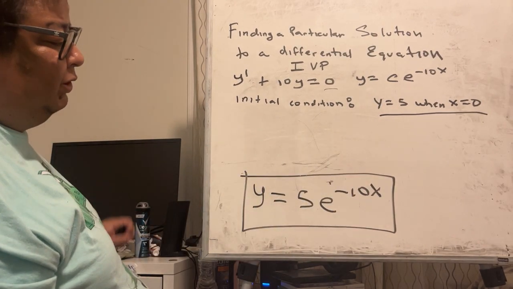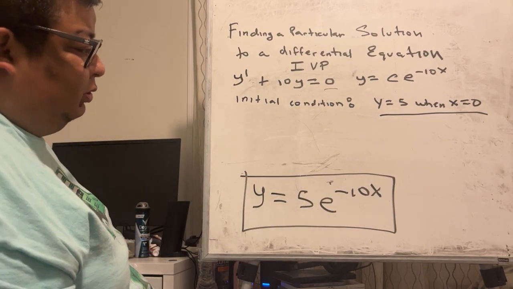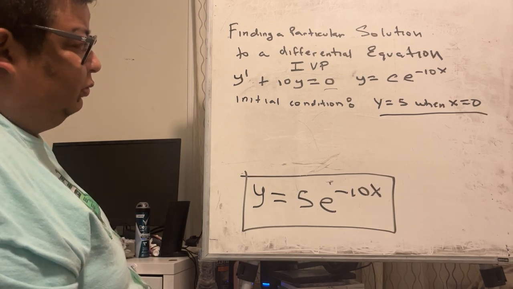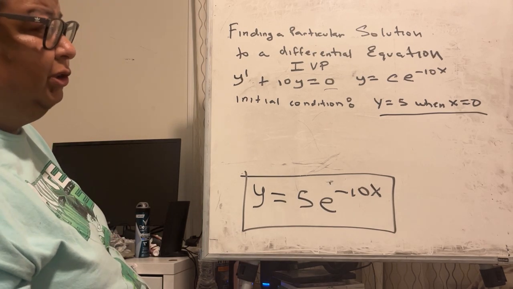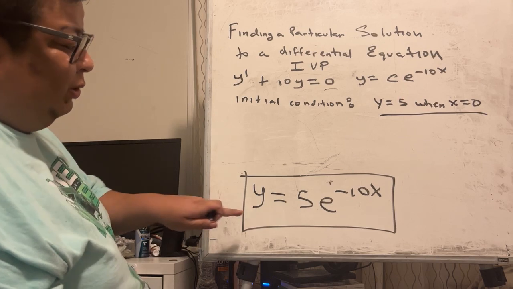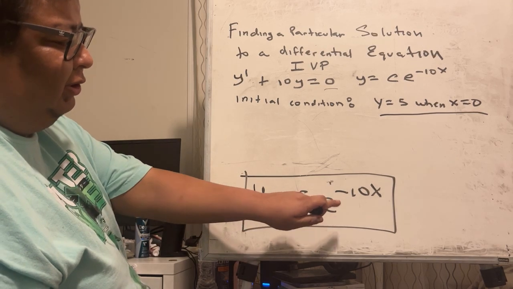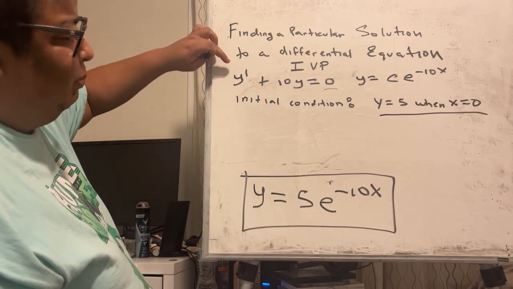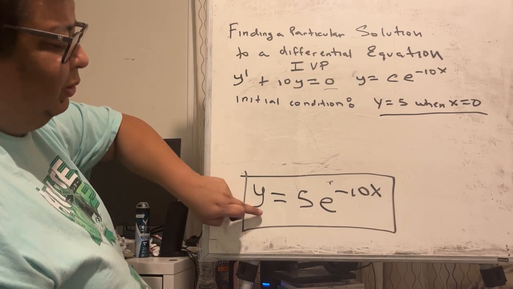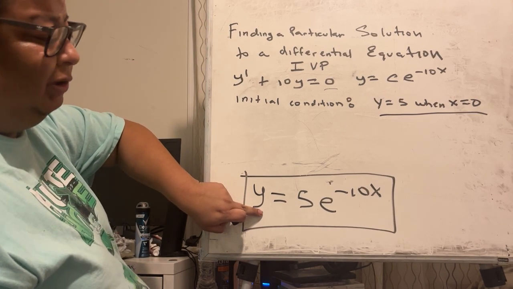The way we prove it is just like the general solution. We are given y equals 5 e to the negative 10x. Now we plug it in here, and we take the derivative of the particular solution.